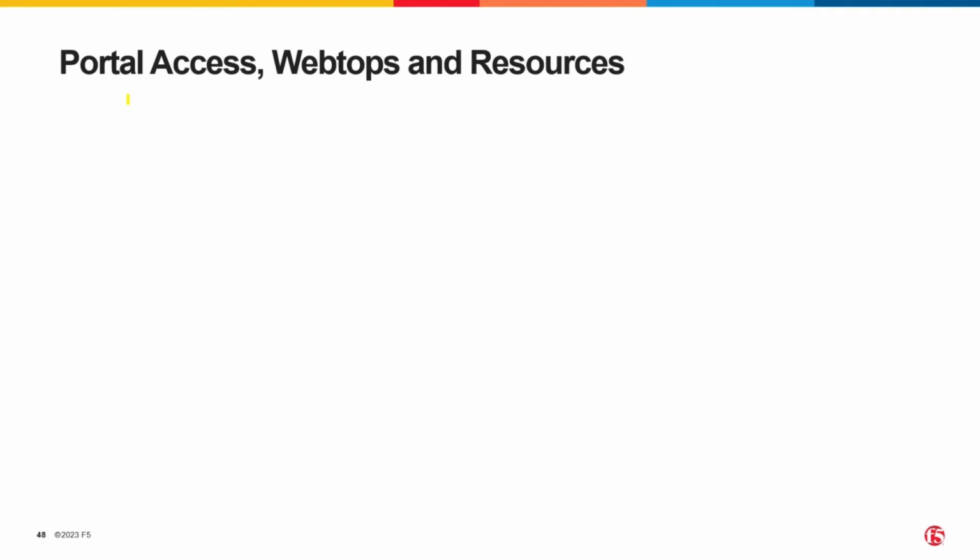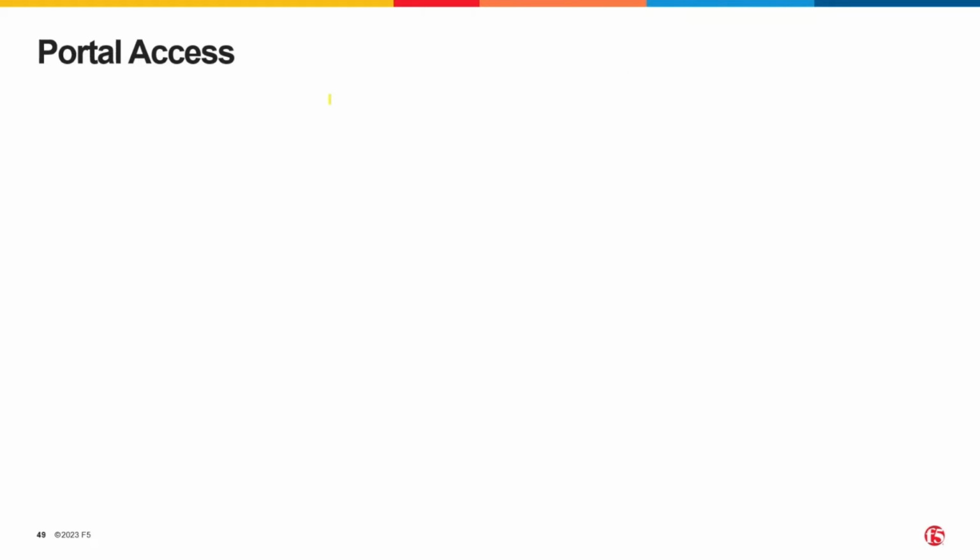So there are plenty of different things that we need to cover during this chapter. Even in the lab guide, I think this is the longest chapter for today. So, different methods of accessing our resources.